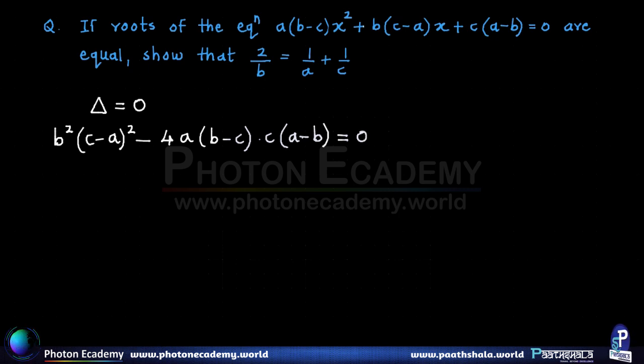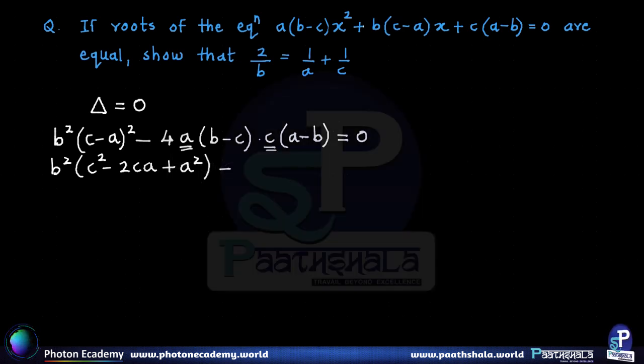So let us expand the square. So we will have b square into c square minus 2ca plus a square minus, we can merge this a and c, making it as 4ac multiplied by, we can now multiply the two brackets.